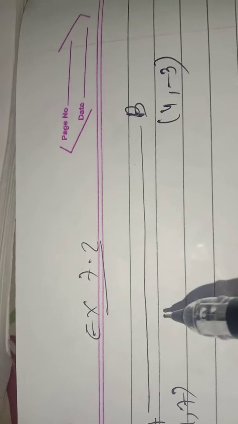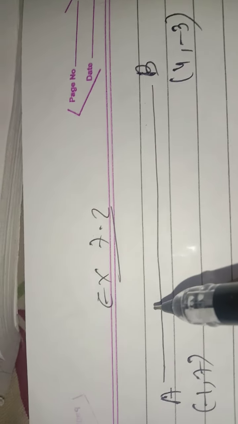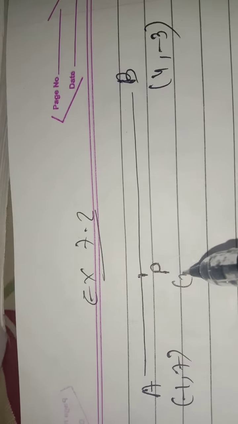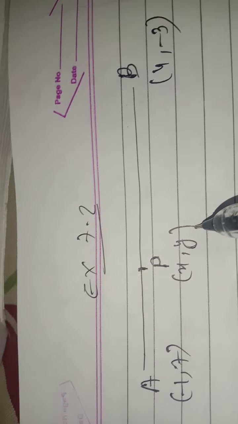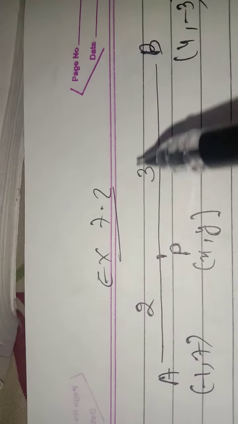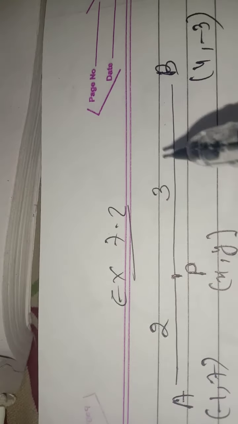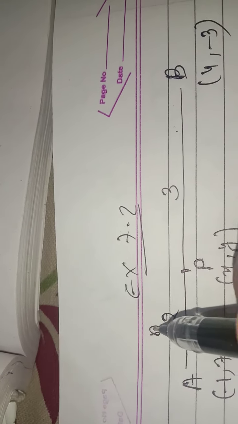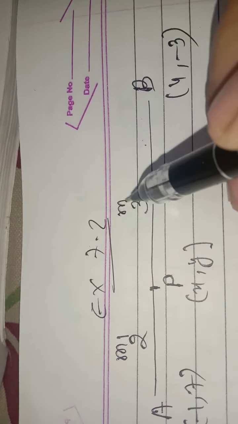Now what is it saying? That the line segment is divided by an unknown point P. Let the coordinates of P be (x, y), and the ratio is given as 2:3. You can interchange the ratio also, you can take here 2 and 3, depends. So these are the values of m1, m2.